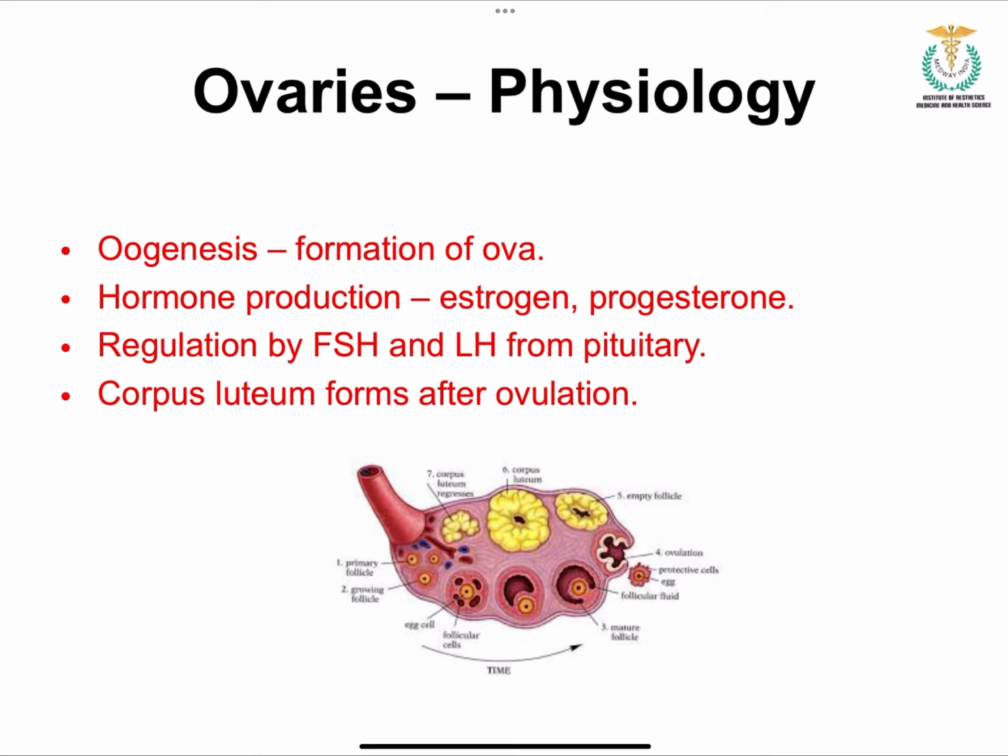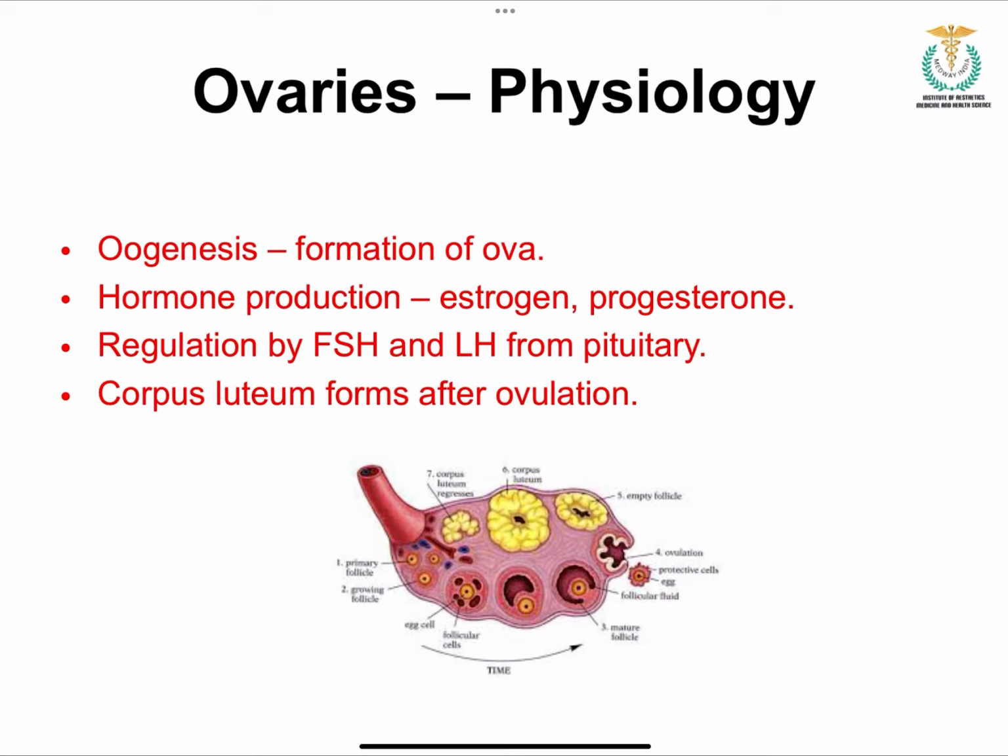Most of the time, disorders like PCOS, polycystic ovarian syndrome, cause anovulation, meaning ovulation doesn't happen, and it can lead to infertility. If there are deformities in the ovaries like PCOS or PCOD, the formation and production of ova will not happen.